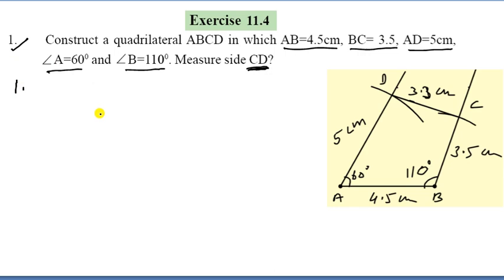Now write the steps of construction. The first step: draw AB equal to 4.5 centimeters.